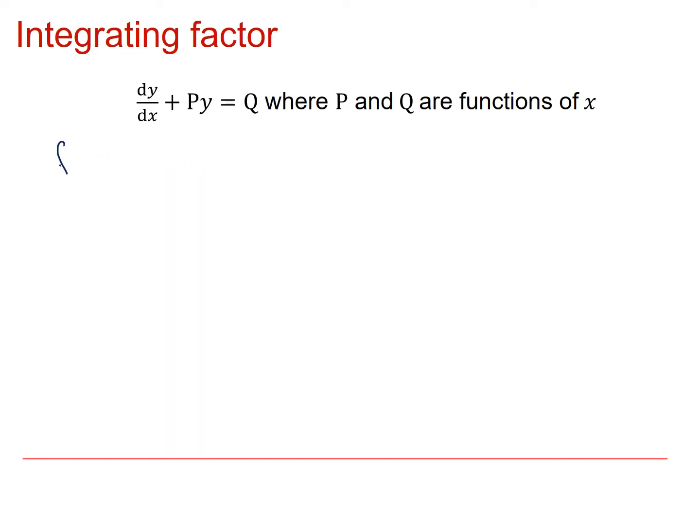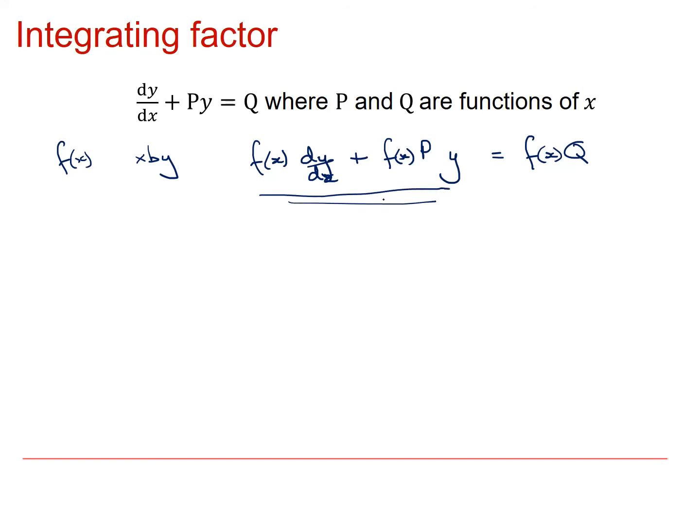Well, we want a function of x, which when we multiply through, we get our function of x times dy by dx plus our function of x times p, which is also a function of x, times y, is equal to our function of x times q, which is another function of x. And we want this left-hand side to be a perfect derivative.